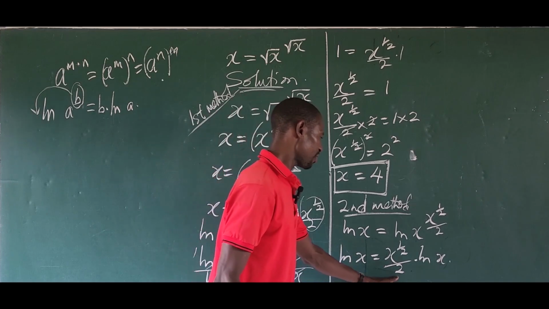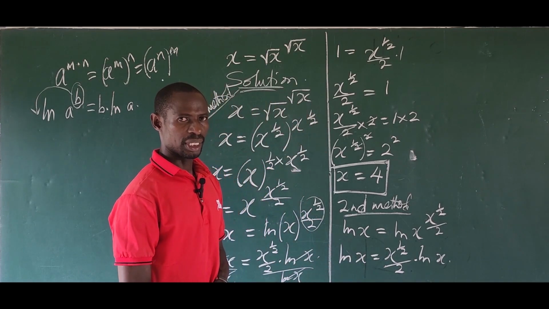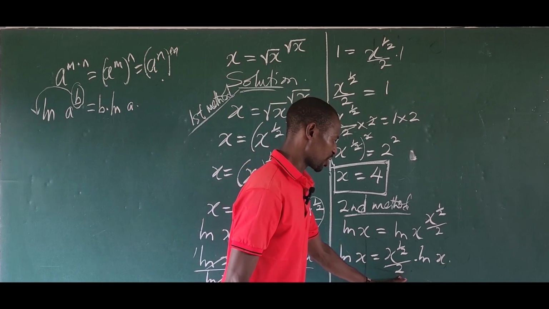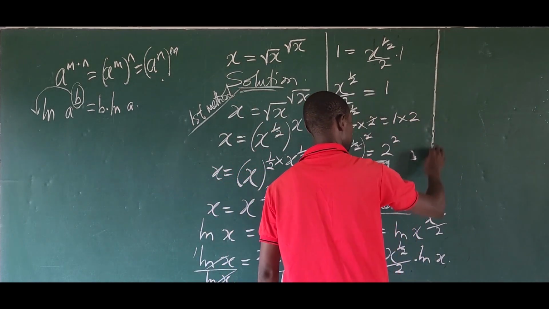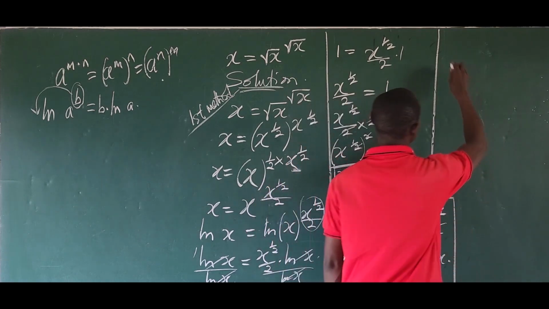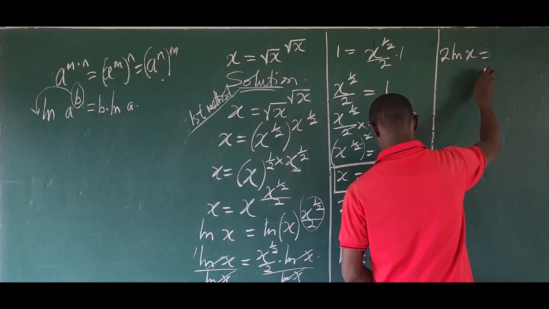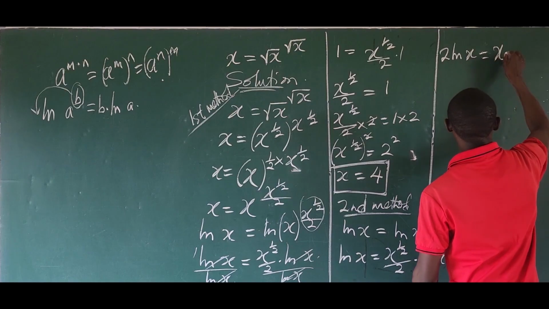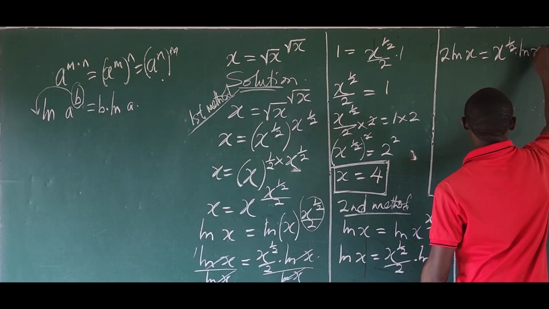But before that, we are having 2 at the denominator. So let's eliminate 2. Okay, so let's multiply by 2. If we multiply by 2, then it's going to give us 2 ln of x is equal to, the 2 will automatically leave this system. So we have here the x to the power of 1 over 2 times ln of x.